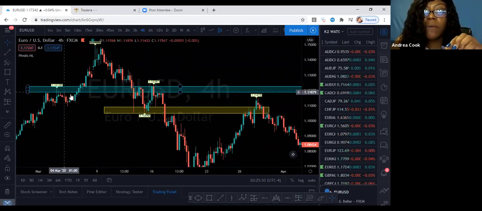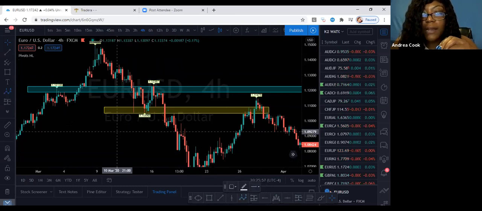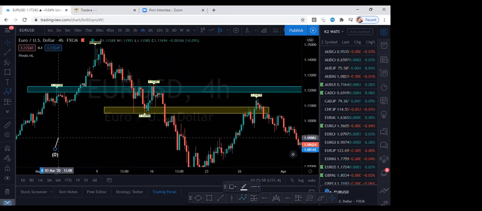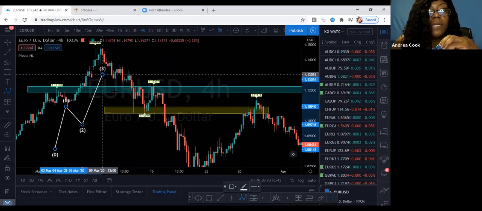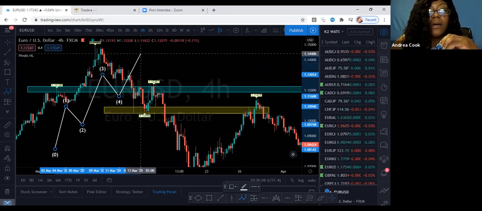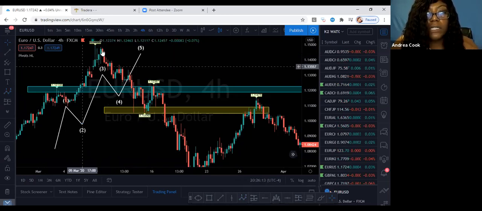So what I'm showing you right now, let me explain how important this is. We know that in these markets you have those pullbacks that we talked about, right? Price goes like this, then it has to pull back, and then it'll go back up, and then it has to pull back, and then go back up. So prices do that. So let's say you got in for this buy.